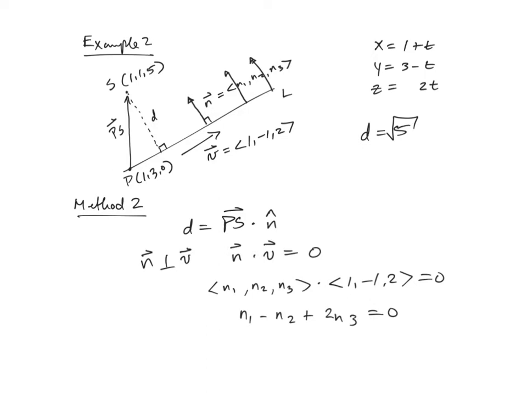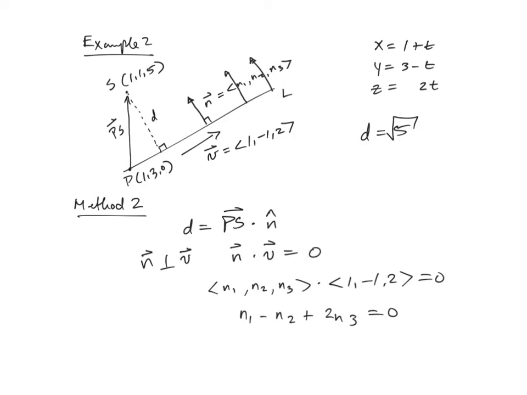Well, for that, how do I define that? I've got PS and I've got v. If I take PS cross v, what do I get? I get a third vector that is perpendicular to both of them. Right? If you use your right hand rule and curl the fingers of your right hand from PS to v like this, your thumb is going to go into the page, or into the screen.